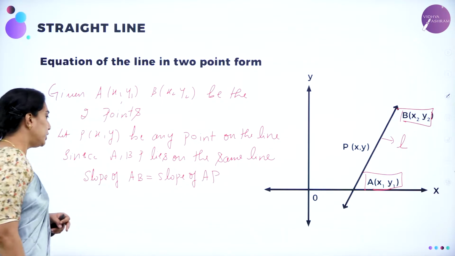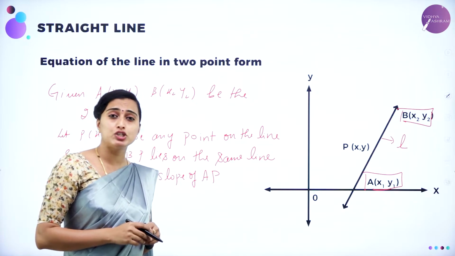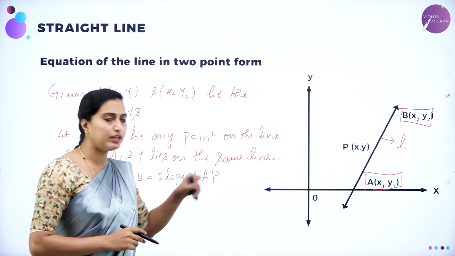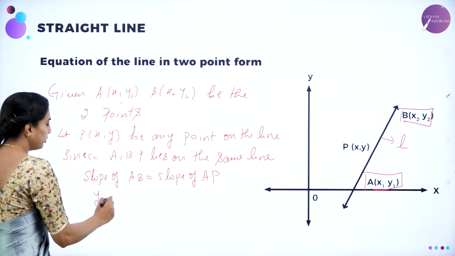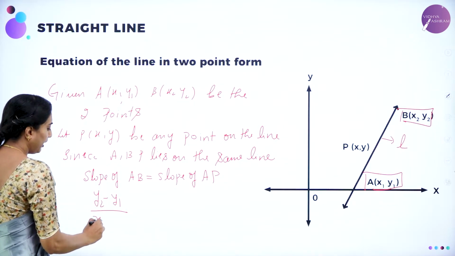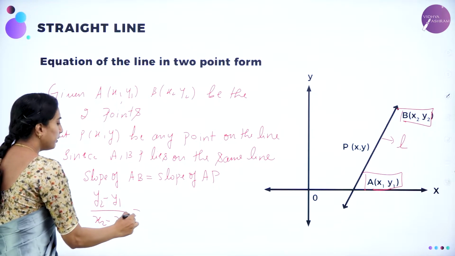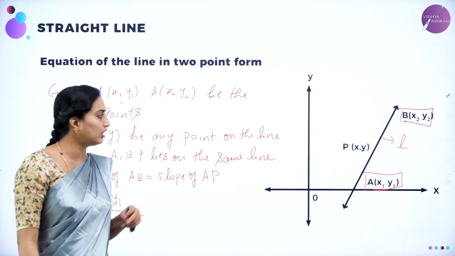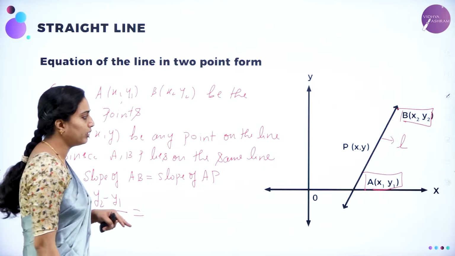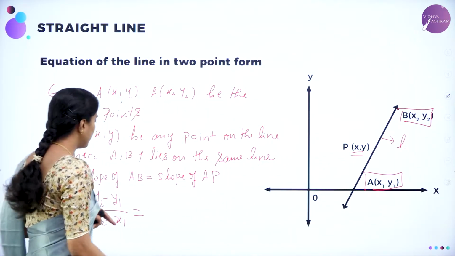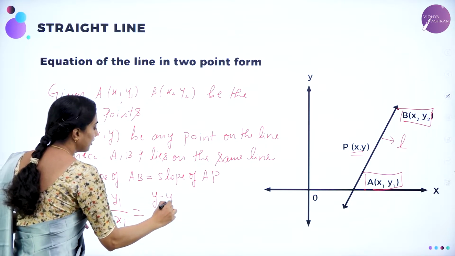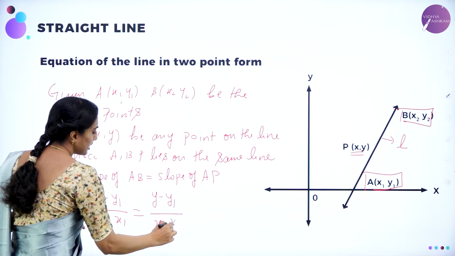The slope of a line joining two points is y2 minus y1 divided by x2 minus x1. So the slope of AB is y2 minus y1 divided by x2 minus x1, which is equal to the slope of AP, that is y minus y1 divided by x minus x1.